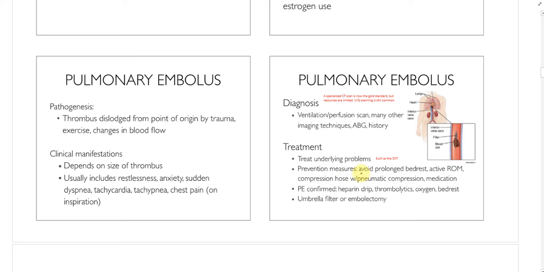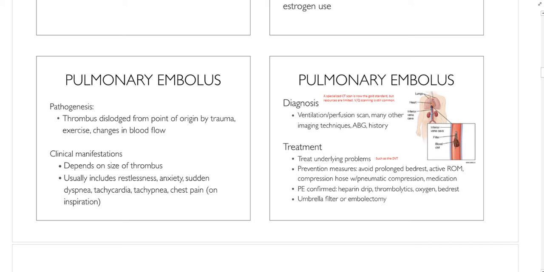So we want to educate and promote avoiding prolonged bed rest. If they have to be in bed for a long time period, then encourage them to at least start flexing their muscles, their legs, moving stuff around, allow for and promote blood flow. Promote active range of motion, use compression stockings, which can have pneumatic compression on them, or find some other way of allowing compression.